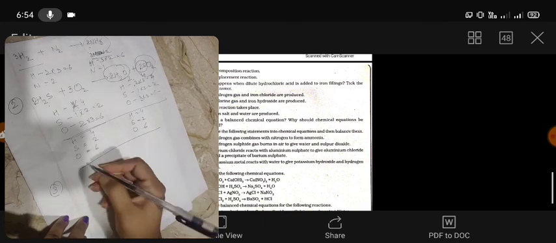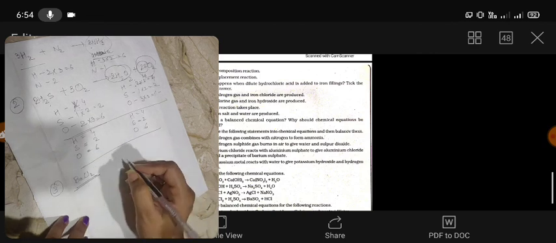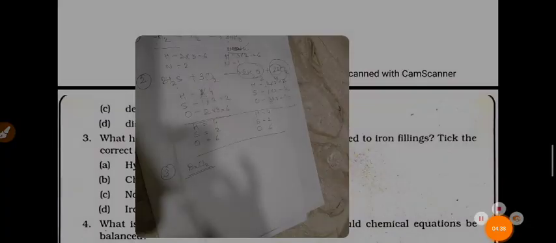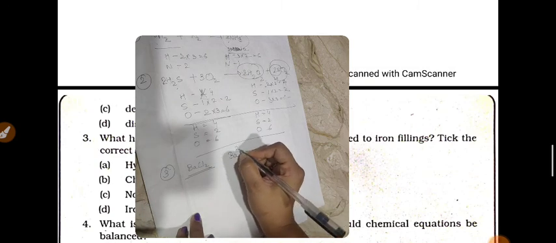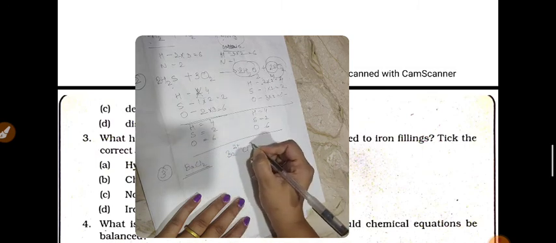Let's see third question. Barium chloride. I think you know how it is barium chloride. Otherwise I will let you know right now. So barium, to complete the octet, will lose 2 electrons, so Ba2 plus, and for chlorine it is Cl minus.